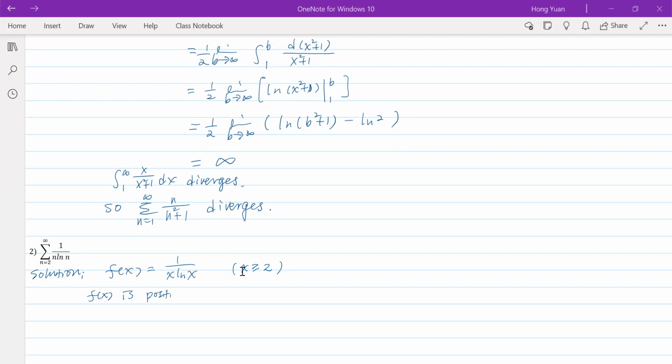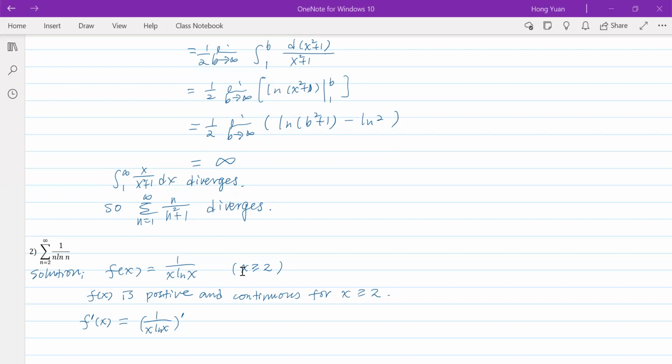Find the derivative. How to find this derivative? This is a composite function. Use the chain rule.